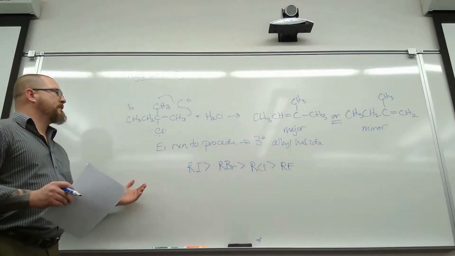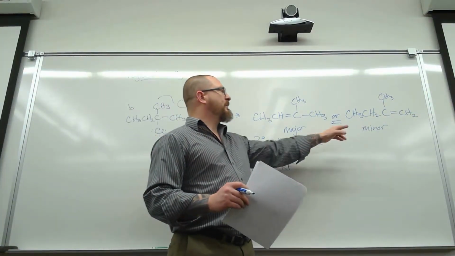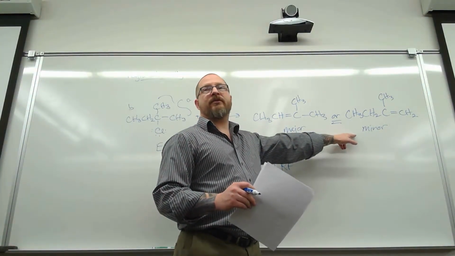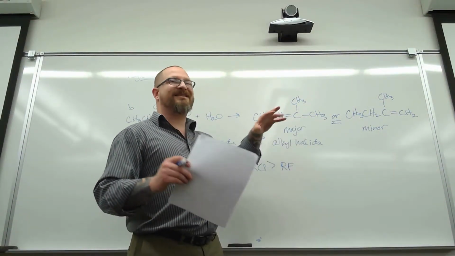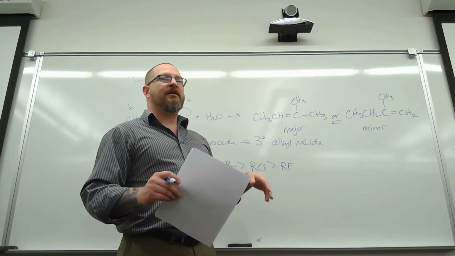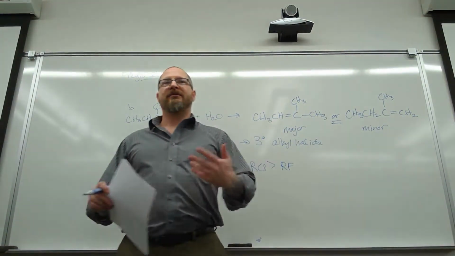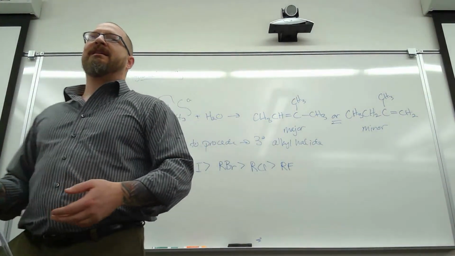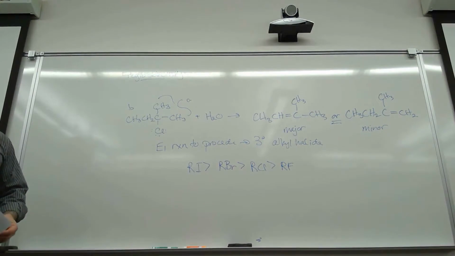So it is fair to say that if you're asked to predict products, and it said products, not major product, you'd want to draw this in as one of the feasible products. You would expect to see some of that being made as part of this reaction.